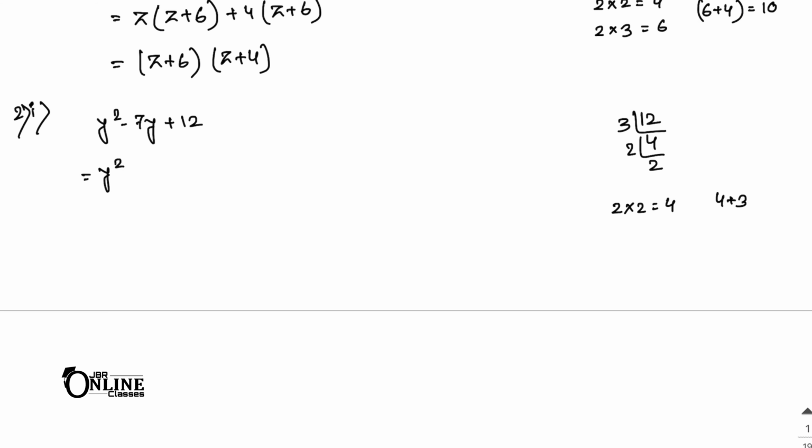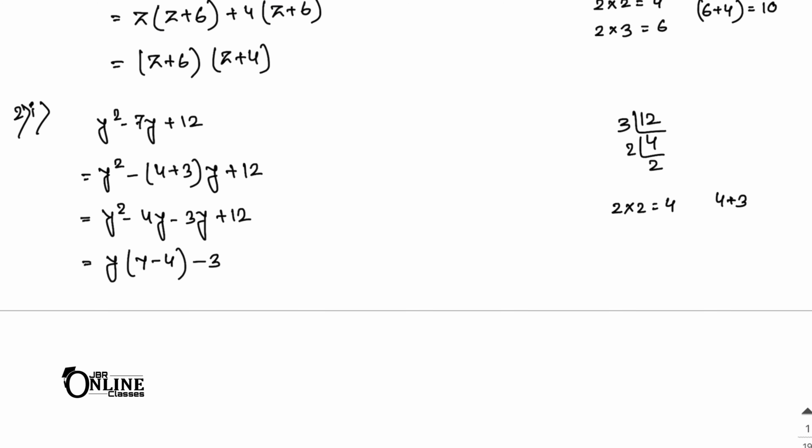So you can write y², then (4 + 3) into y, and then 12. So y² − 4y − 3y + 12. If you take y common, y − 4, then if you take 3 common, it's y − 4. So your answer is (y − 4)(y − 3).